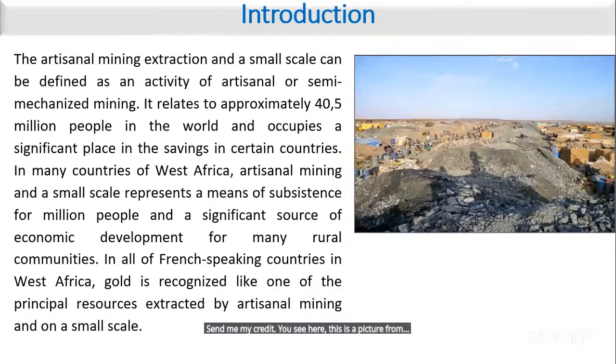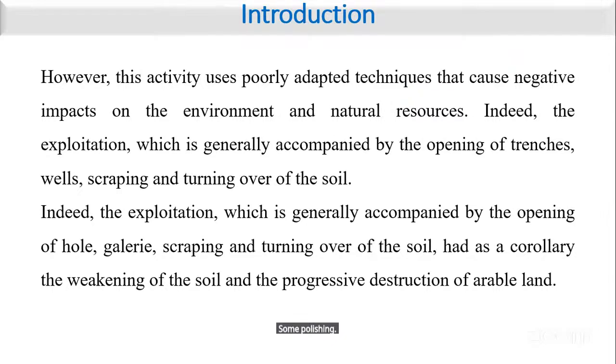This type of activity generates employment, but it has many problems because it produces heavy metals and other pollution to our environment.